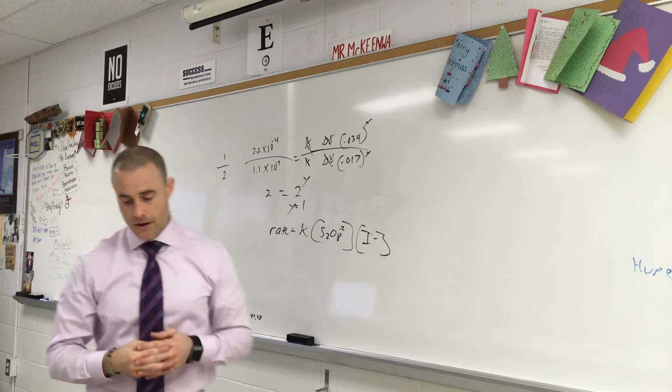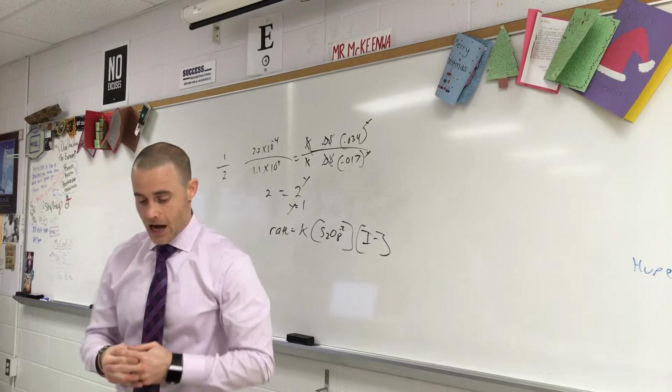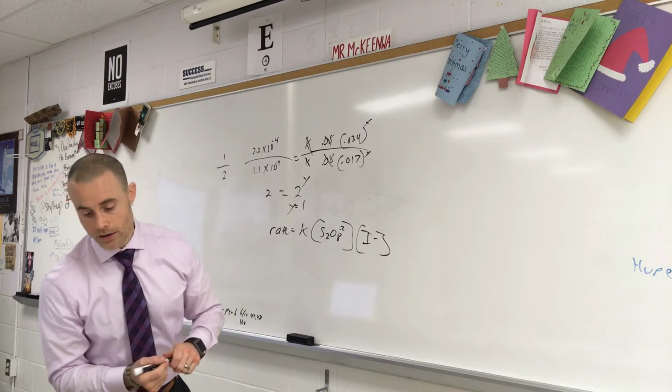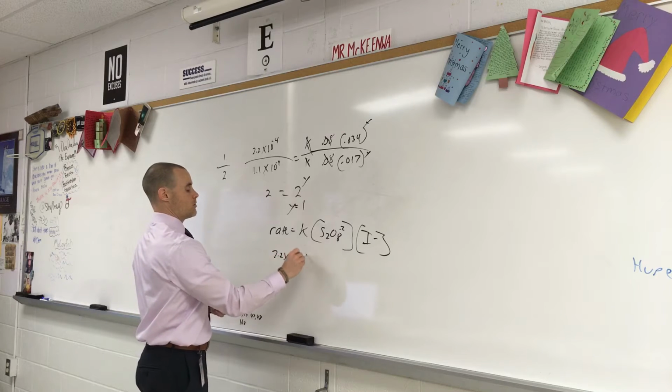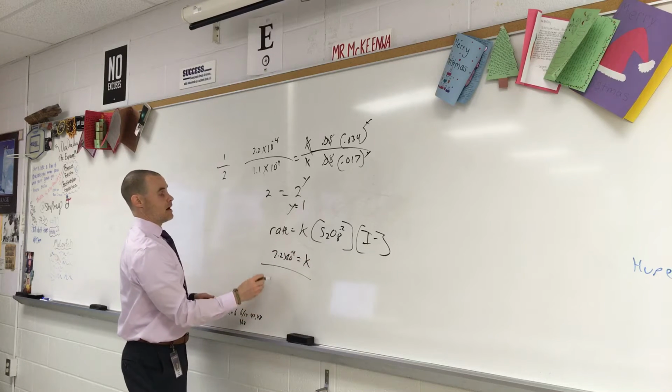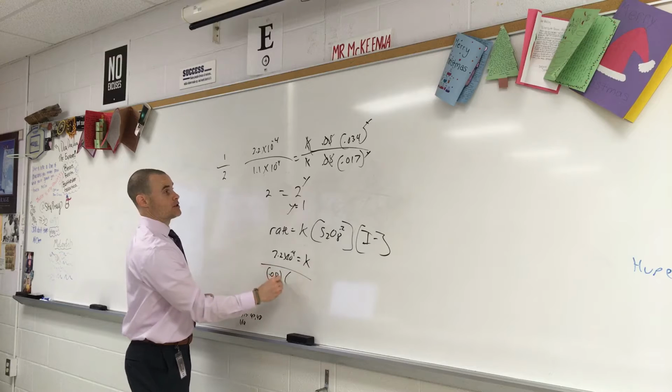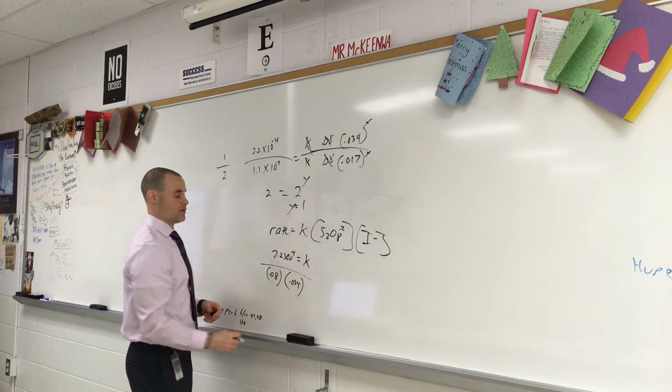All right, and then how do you solve for the rate constant? If you take experiment number 1, it would be 2.2 times 10 to the negative 4 equals k times 0.08 to the first and 0.034 to the first.